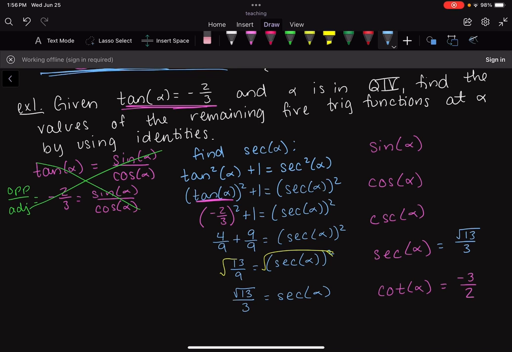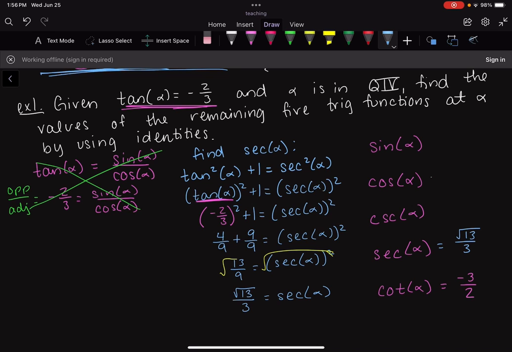Next, I would probably say let's go get, so we want to think, does secant help us get anything else? Is there maybe another trig function that has an easy relationship with secant? Cosine is secant flipped.